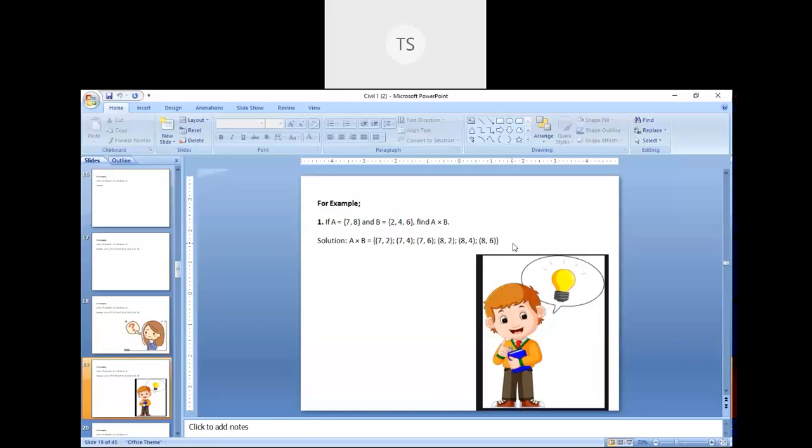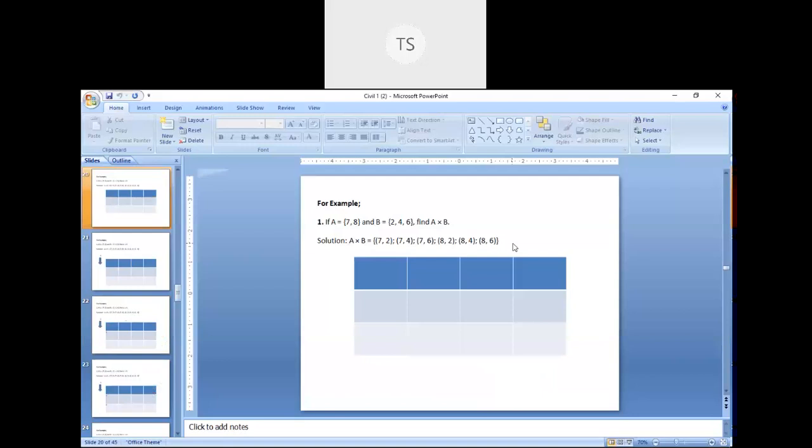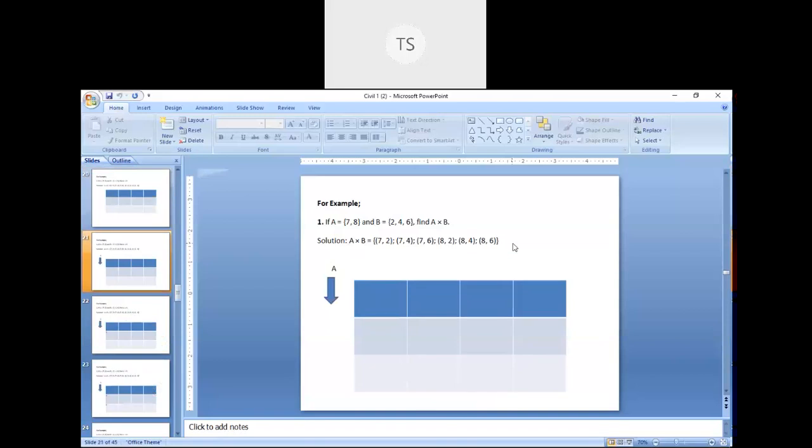So what he will do, see, he will make some columns and rows. Okay. Next, what he has done, along the vertical, he has written the elements of A, that is 7 and 8.